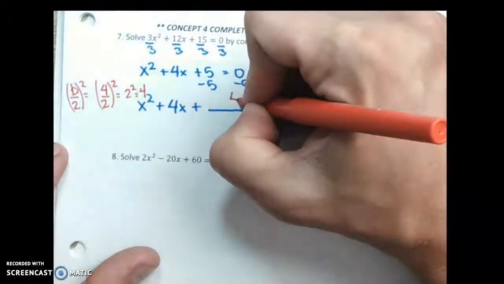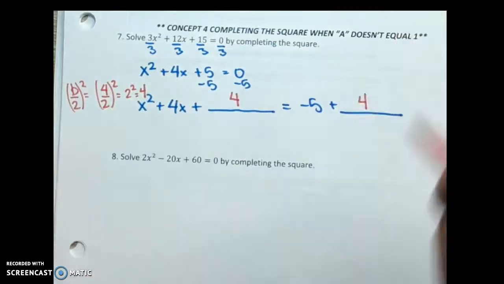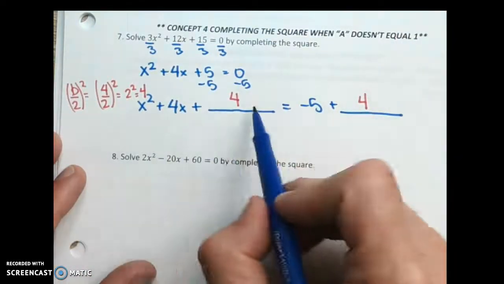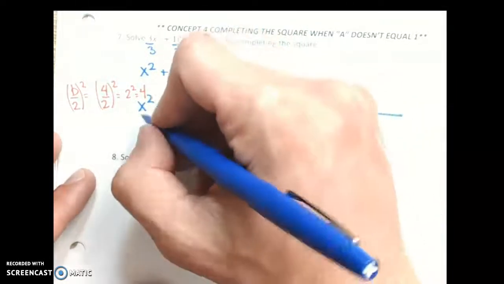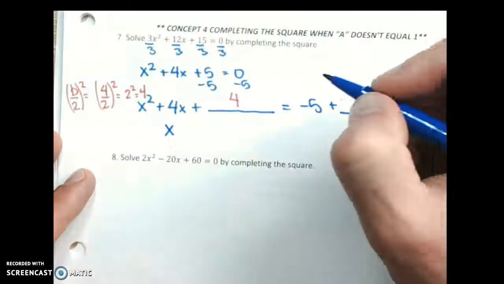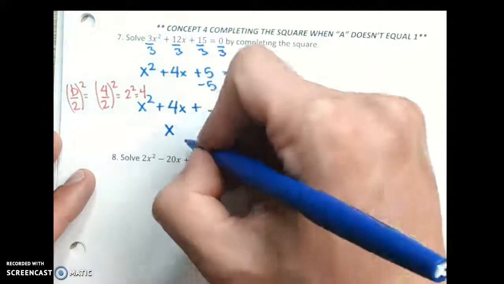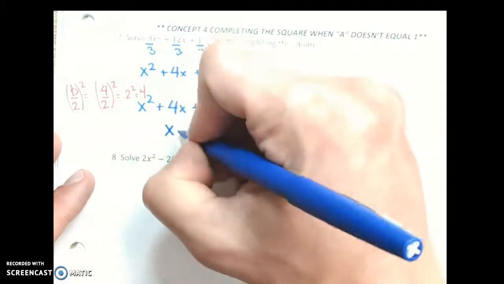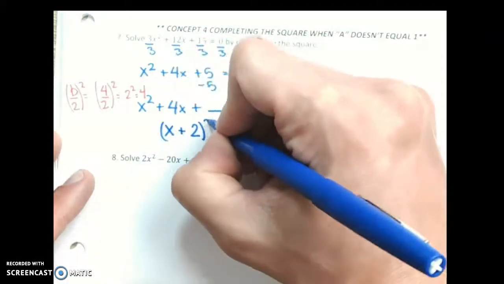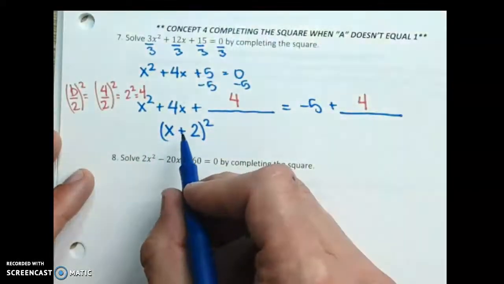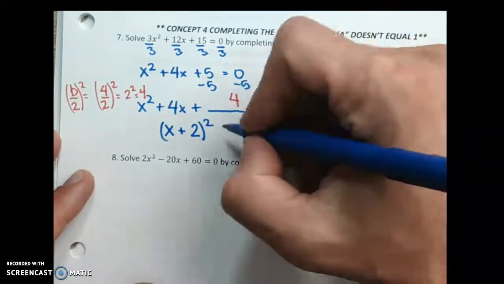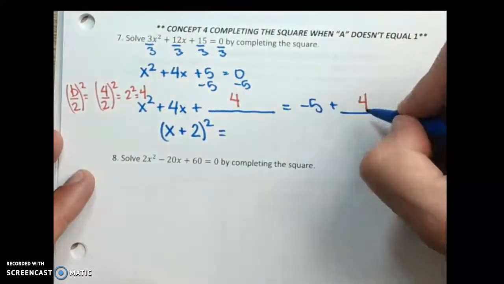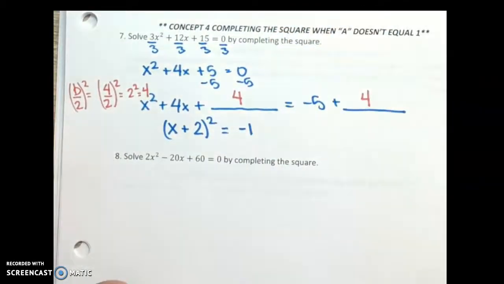I'm going to add 4 to both sides. Perfect trinomial square right there. Take my square root of x squared, and that's x, square root of 4, which is 2. Take that plus sign right there. If I multiply them together, I get 2x. If I double it, is it that middle term 4x? Totally. On the other side, negative 5 and 4 is negative 1.